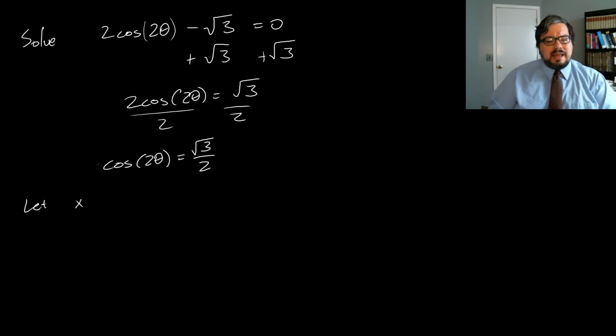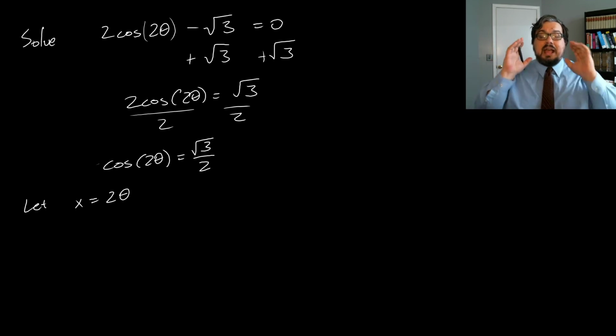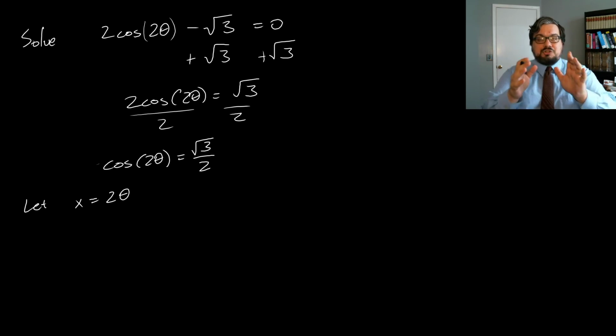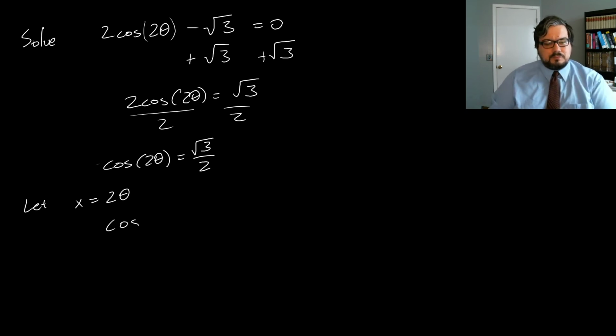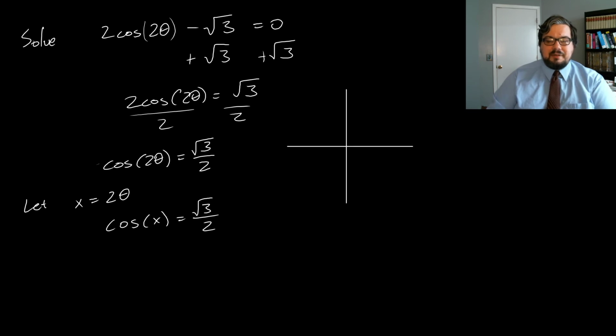So let's let x equal 2 theta. We just need to introduce some new variable that stands for everything inside the trig function so that we can solve for this new variable x and then go back to theta. So we get cosine of x equals square root of 3 over 2. We can solve this the same way that we have been. So square root of 3 over 2 is positive.